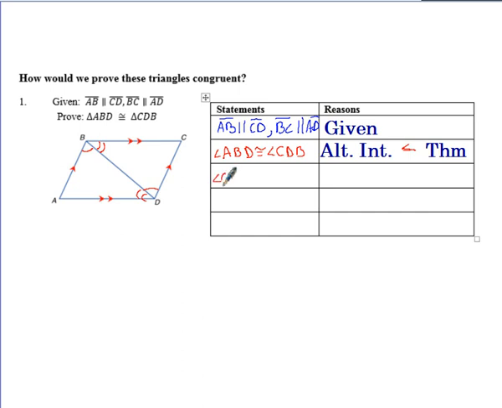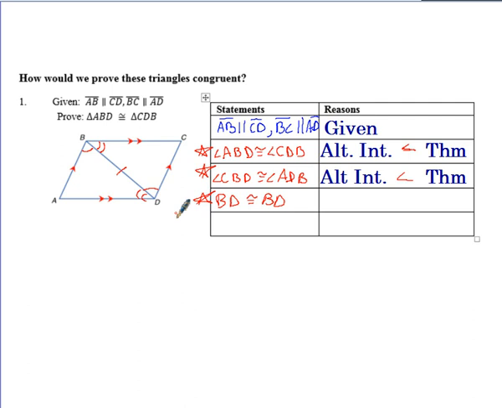So we can say angle CBD is congruent to angle ADB, for the same reason, the alternate interior angle theorem. Because the lines are parallel, alternate interior angles are congruent. And then finally, what else do we have? We have two triangles that are pushed up against each other, so we also have a reflexive property. So we can say something like BD is congruent to BD.